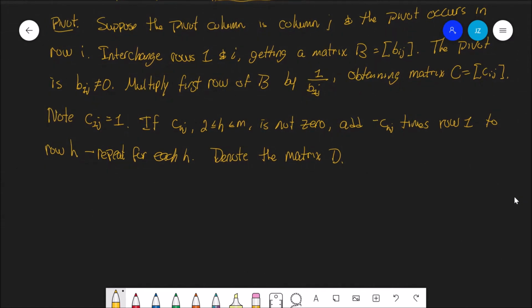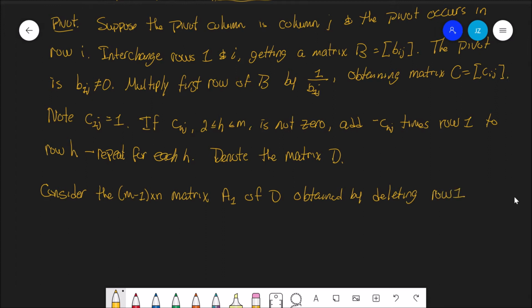Now what we do is consider the m minus 1 by n matrix, call it A sub 1 of D, obtained by deleting row 1 of D. We're going to repeat the above procedure on A1.